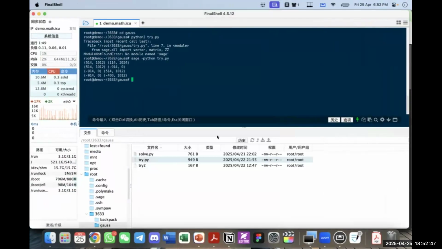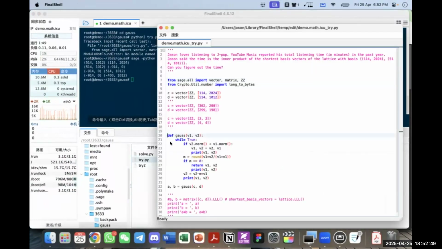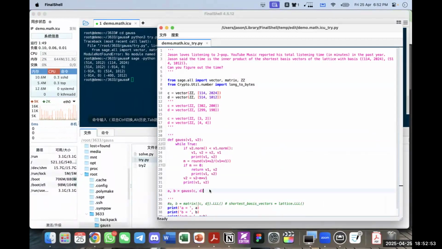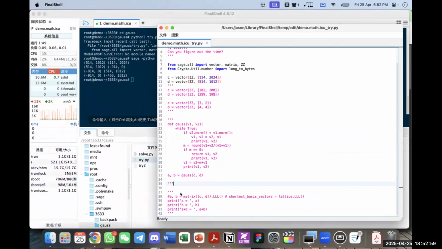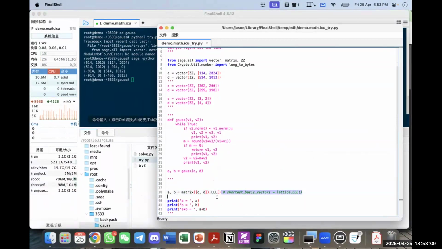So if I just slightly modify the code here, and then I just comment out all this, the Gaussian process, and then I just use this one. Just use LLL.